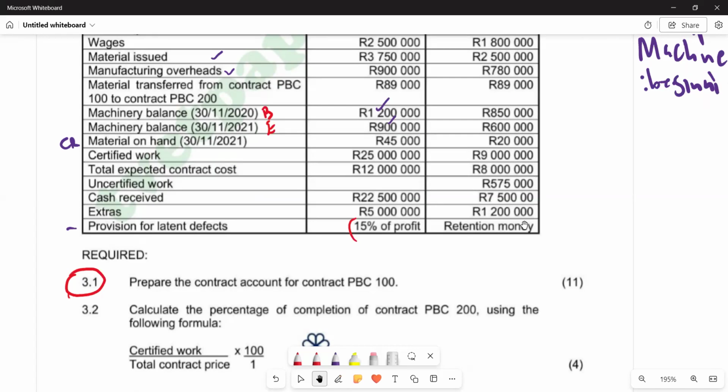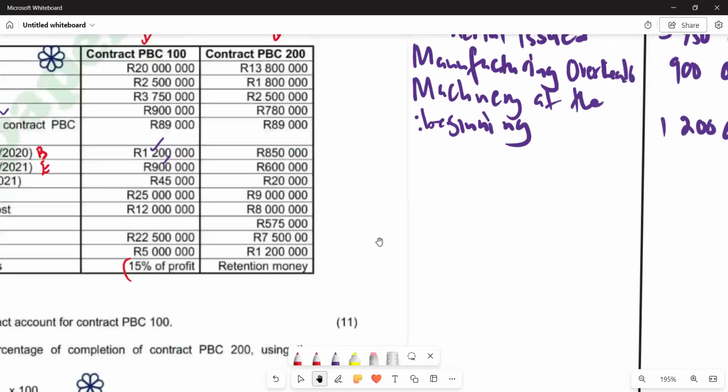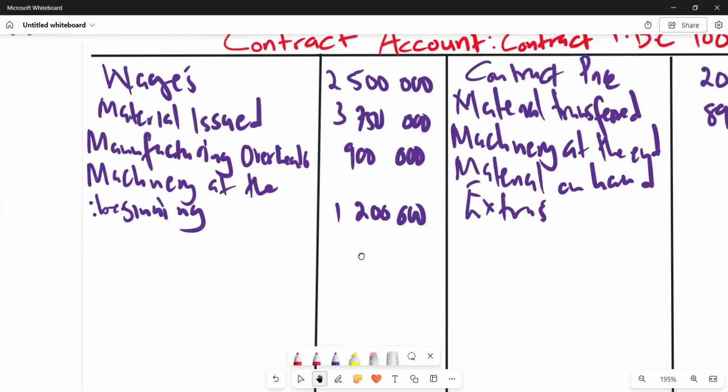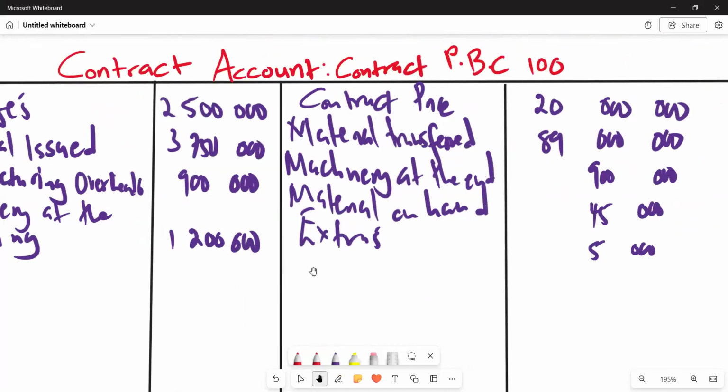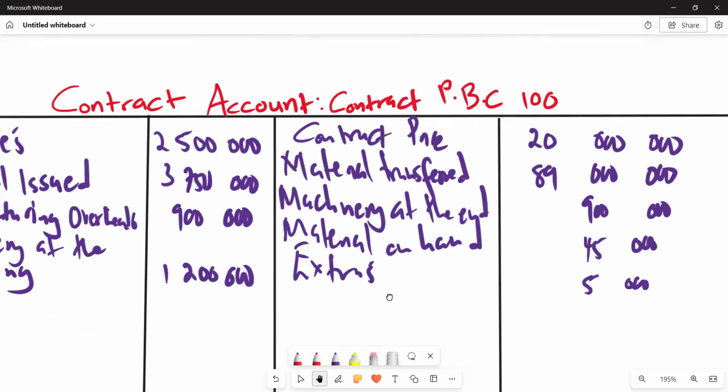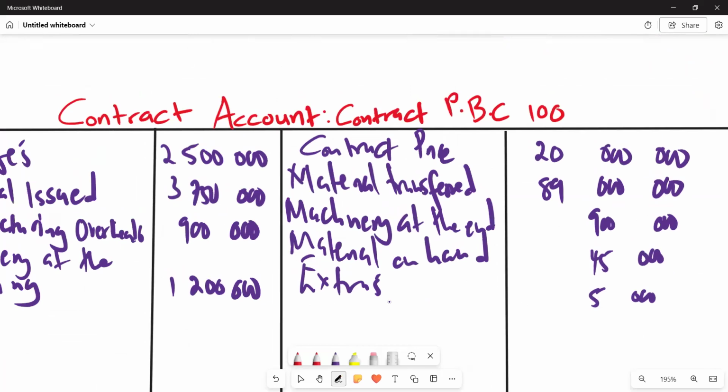So we can just come here and say, by mere comparison, we can see that the credit side here is the greater side in terms of total. So if you add the total of this credit side, you would see that we are going to get 26 million 34,000.